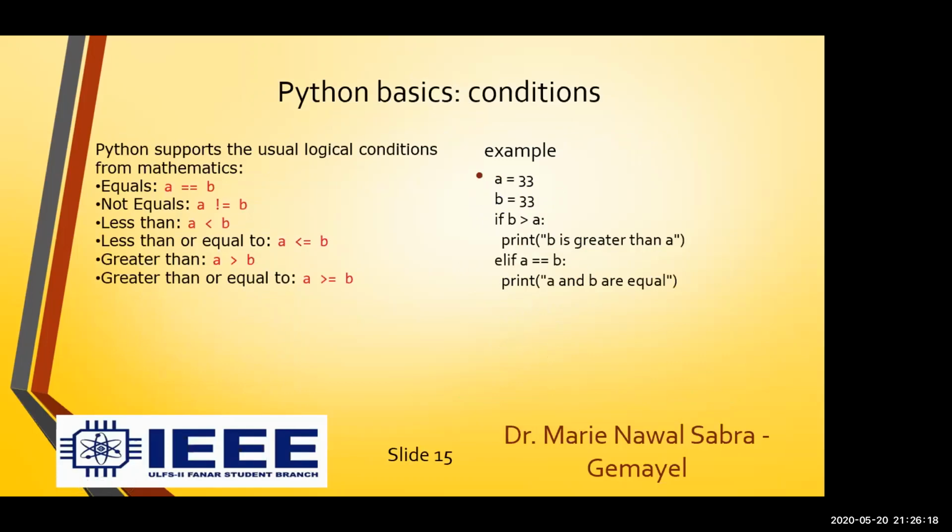The conditions that we use are double equal for equal, and not equal, which is also different between Python 2 and Python 3, and less than or equal, greater than or equal.